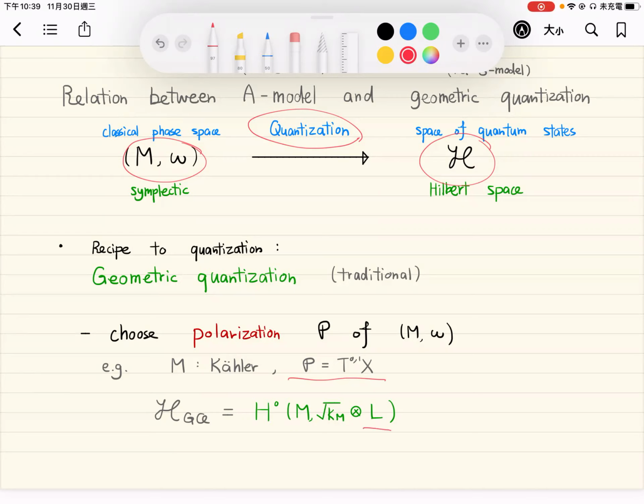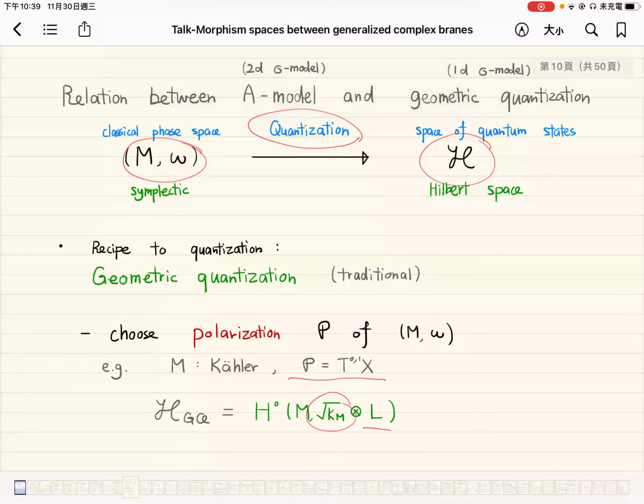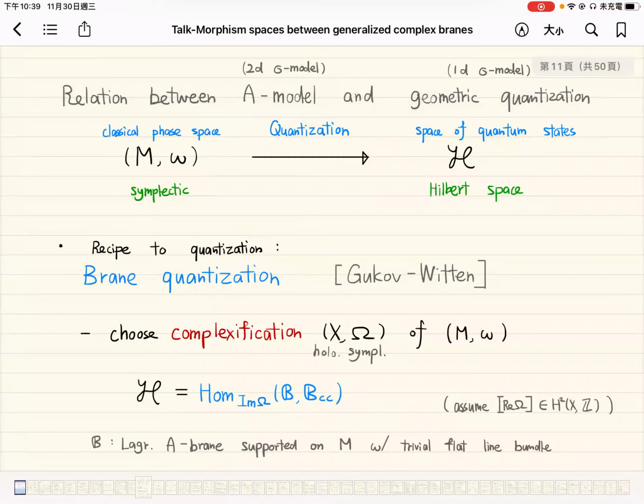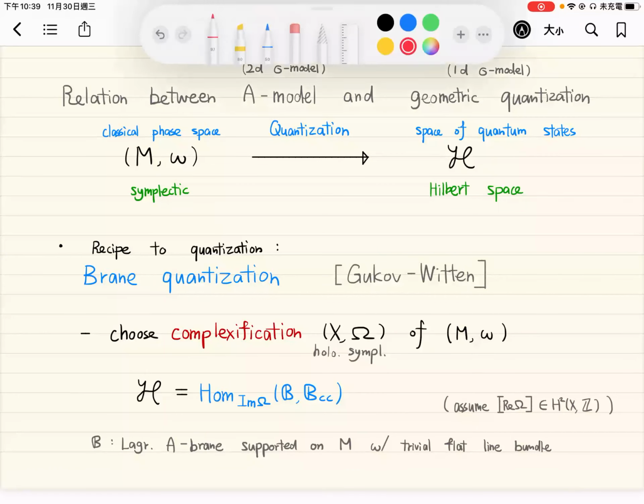And of course, if you want to adopt the half-form correction, then you need to twist the line bundle with the square root of the canonical line bundle of M. And in 2009, there was a paper by Gukov and Witten, and they proposed another recipe for quantization, a new recipe. Later on, this recipe is called brane quantization.